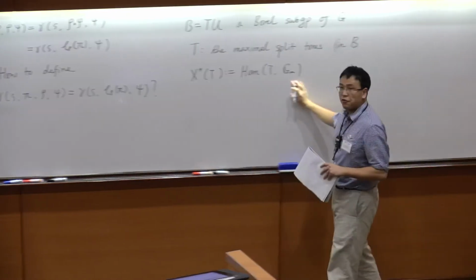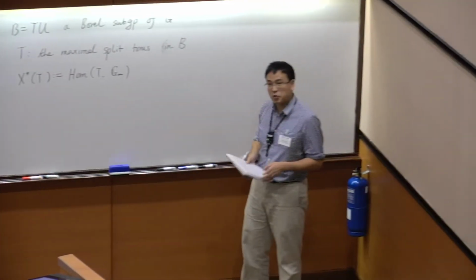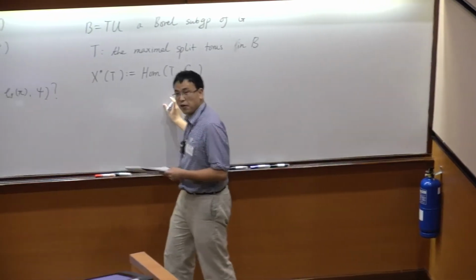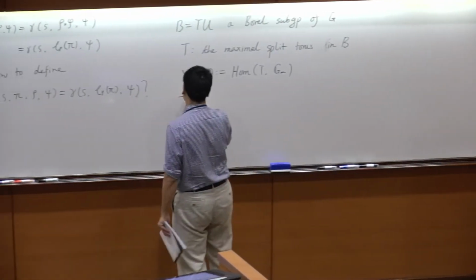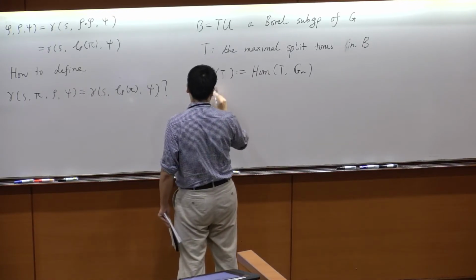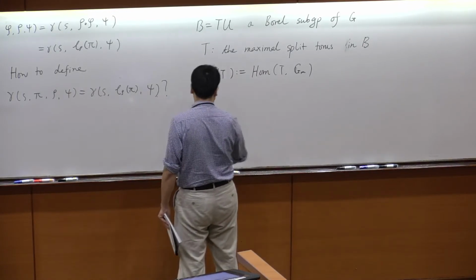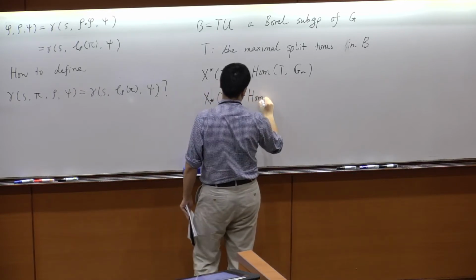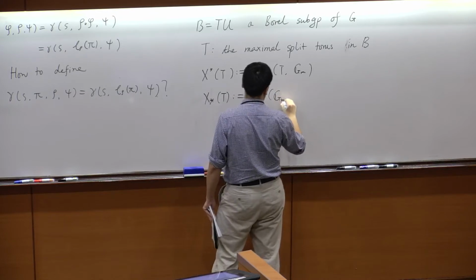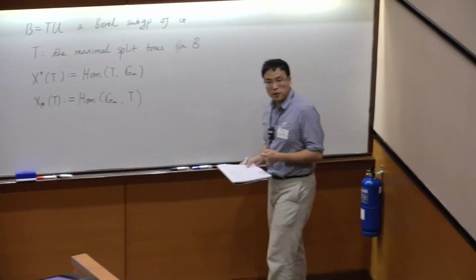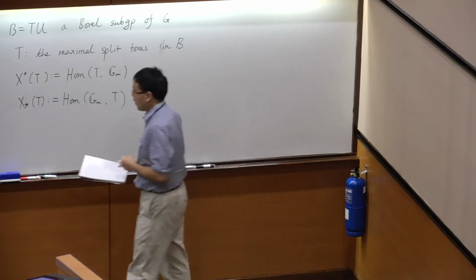G_m refers to GL1, the multiplicative group. This gives us the set of characters, and also the set of co-characters. And between them, we have a duality pairing.